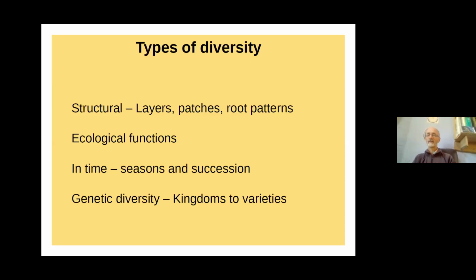And finally, thinking about root patterns as a third type of structural diversity that happens underground, often unnoticed by us, but just as important for the good functioning of a forest garden. And then we have the ecological functions, from nutrient accumulation to ground cover to habitat for insects and so on.